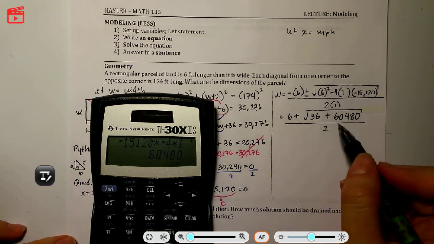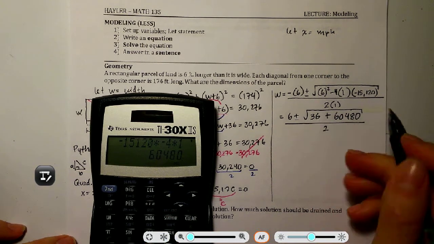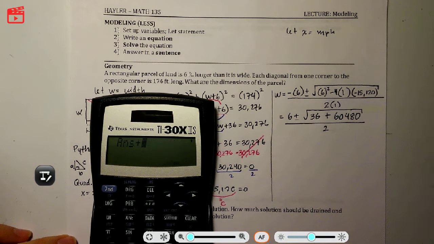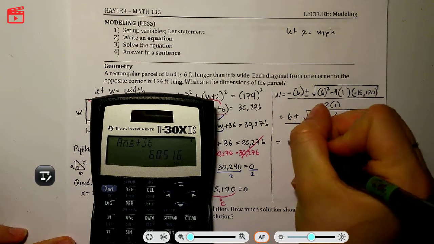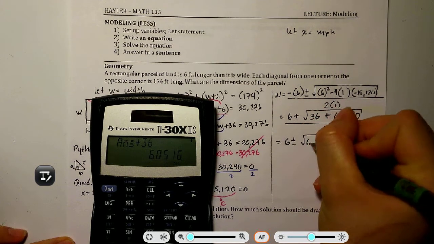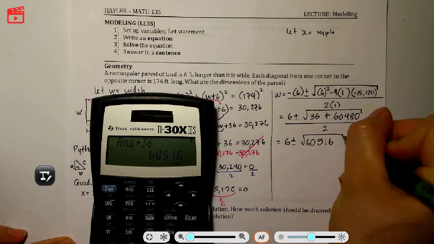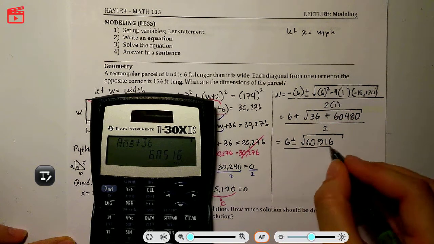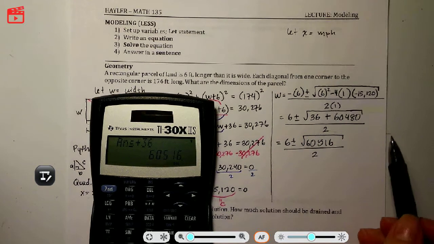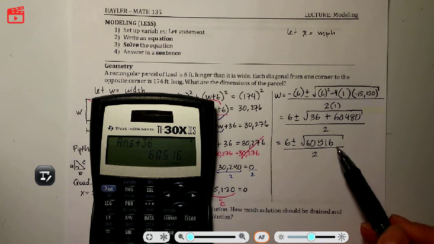Okay, and let's see. Simplifying inside the radical, we're going to add the 36 to our 60,480. And what do we get? All right, right there. 6 plus or minus the square root of 60,516, as our calculator tells us, divided by 2. All right, so now I want to figure out what the square root of this value is.